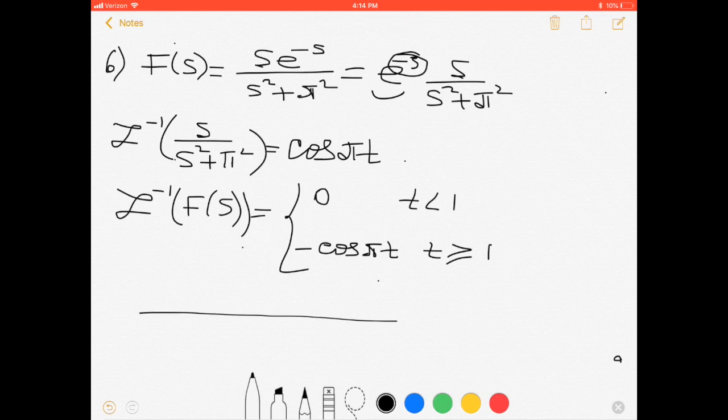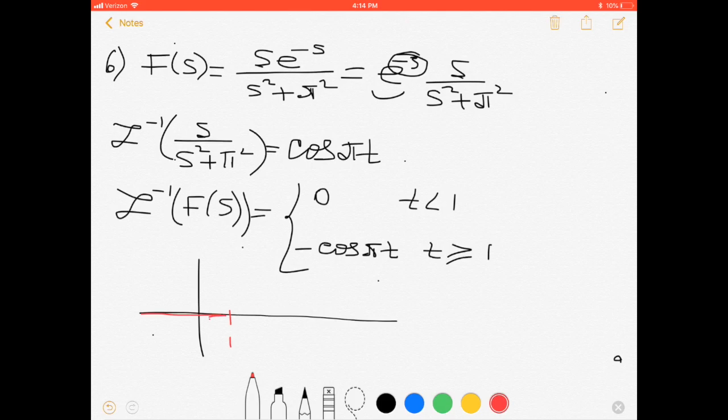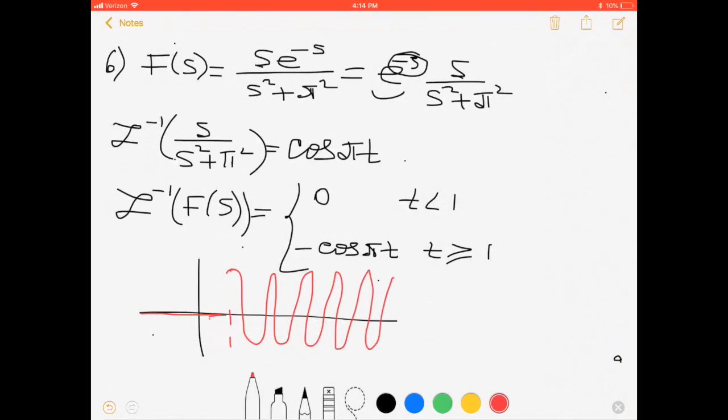This means we have this kind of function until 1. Okay, I write in a different color. Let's go, this is 1. Until 1 we have 0. And then after 1 you have this kind of function. Oops.